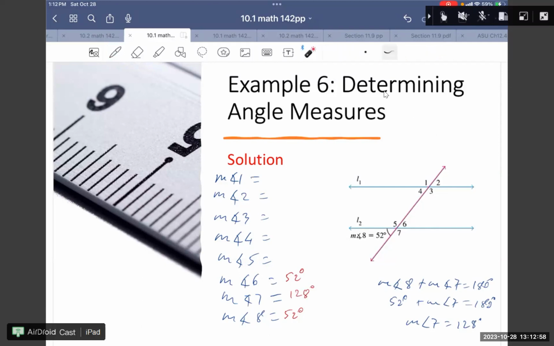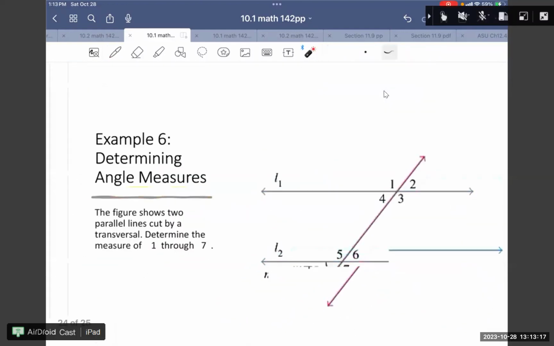Angle 5 is the vertical angle, so if this one is 128, then angle 5 should be 128.